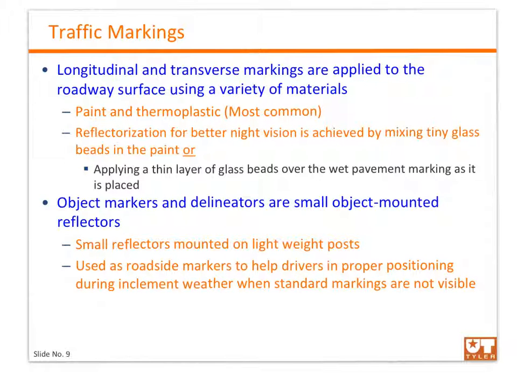So what we're trying to say is that sometimes the markings that we have on the roads, if it's snowy or if we have ice or if there is fog, we typically have a hard time reading and seeing those longitudinal or transverse markings on the roadway itself, and therefore we use those object markers on the side of the street as guidance in case of inclement weather when standard markings are not really visible.